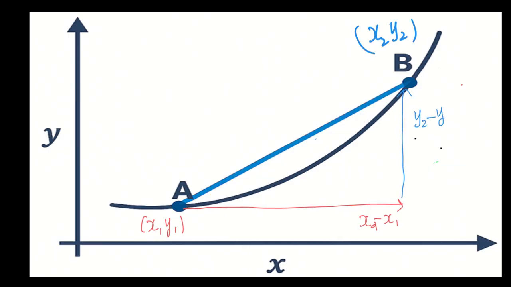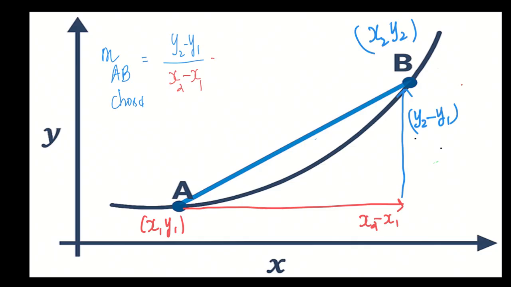The rise here is y2 minus y1. And slope, which is m, of AB, which is the chord, is equal to y2 minus y1 divided by x2 minus x1, which is what gives us the average velocity.